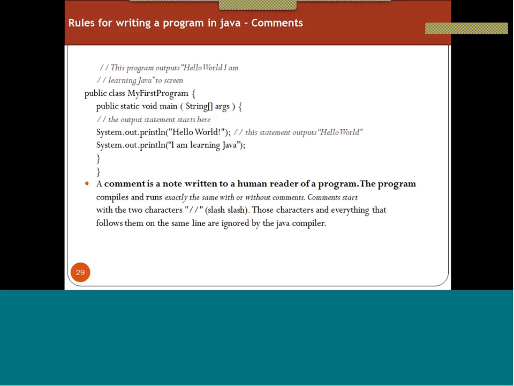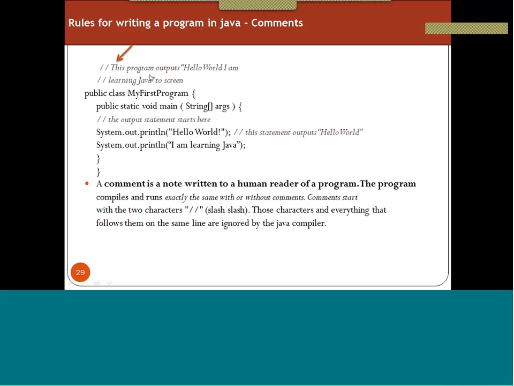The comment is to understand what the statement is for. Comments start with two characters. In this example, the first comment says this program outputs hello world, I am learning Java.